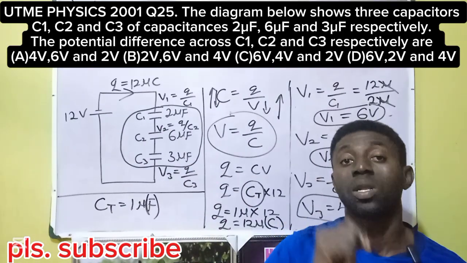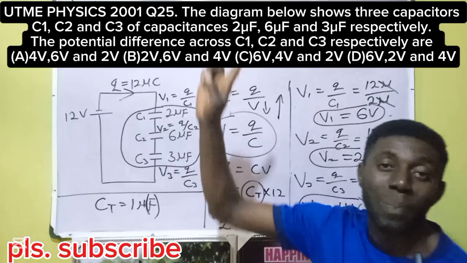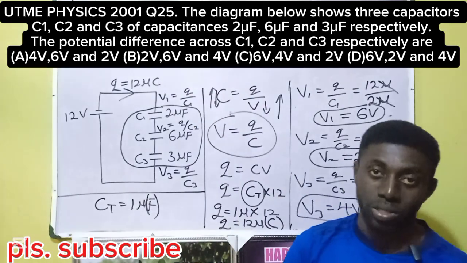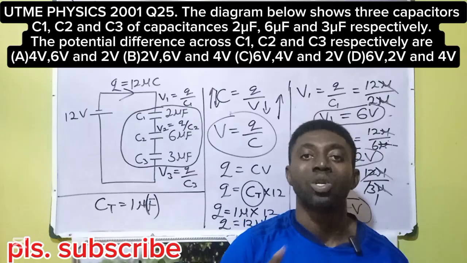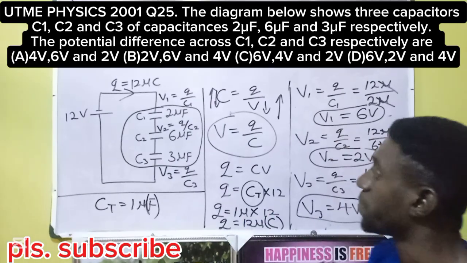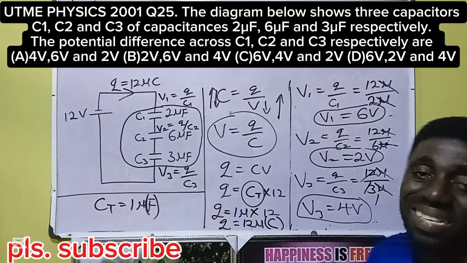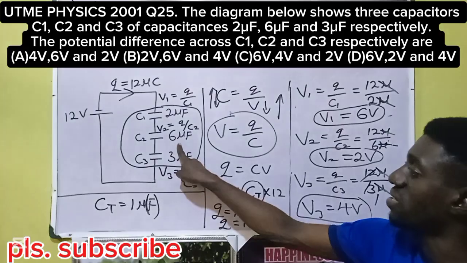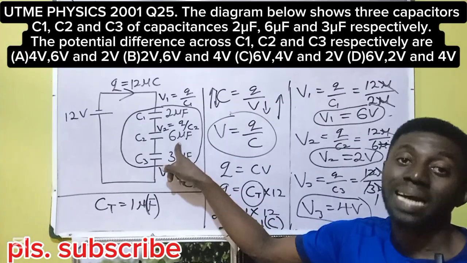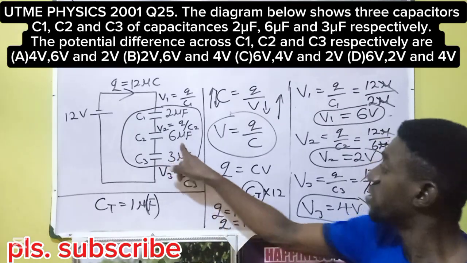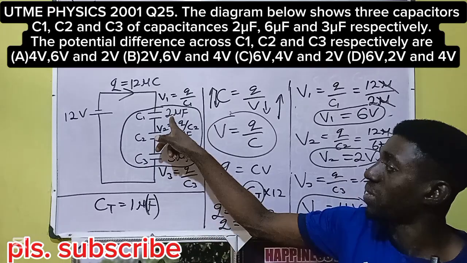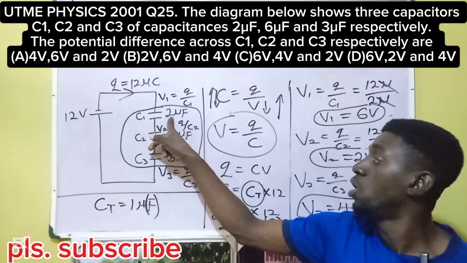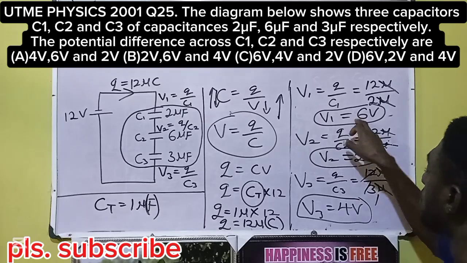And again, recall the logic at the starting. The higher the capacitance, the lower the voltage, and the higher the voltage, the lower the capacitance. Let's observe again. Let's take the highest capacitance. The highest capacitance here is 6 microfarad, and that will have the least voltage. 6 microfarad is having 2 volts. Then the least capacitance will have the highest voltage. 2 microfarad is having 6 volts.